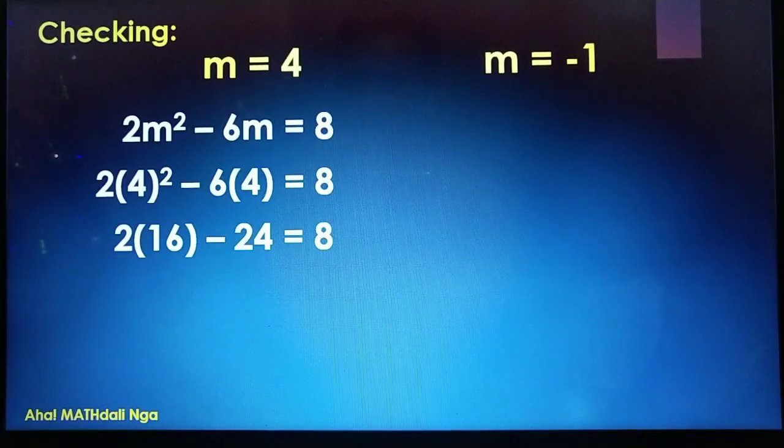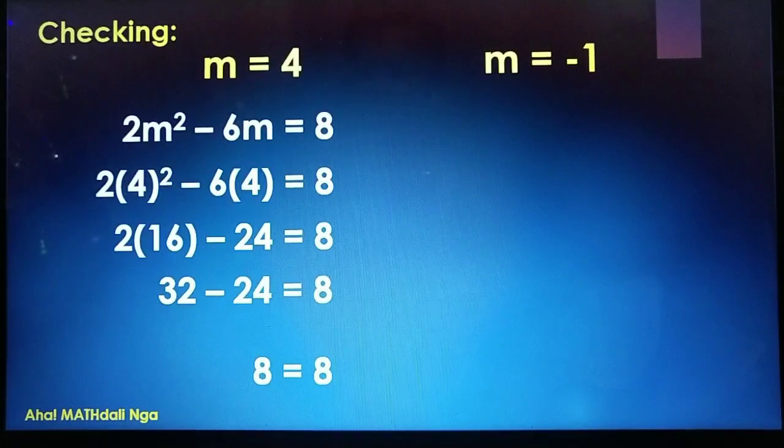So we have 2 times 16. Negative 6 times positive 4 is negative 24. Then copy equals 8. Next, 2 times 16 equals 32. Copy negative 24 equals 8. 32 minus 24 is equal to 8, which is equal to 8 at the right side of the equation. So positive 4 is the solution of the given quadratic equation.